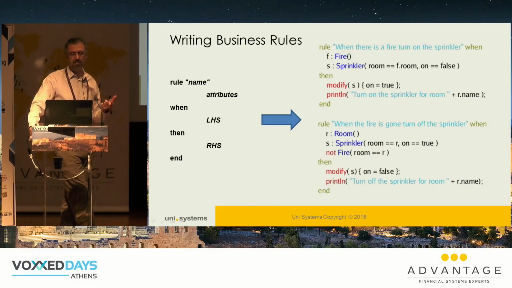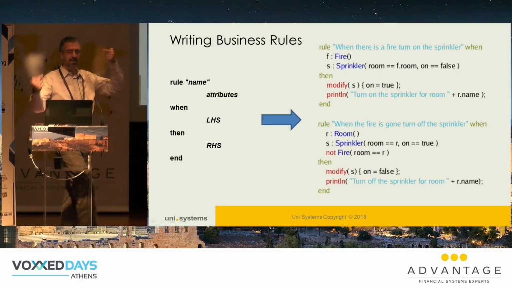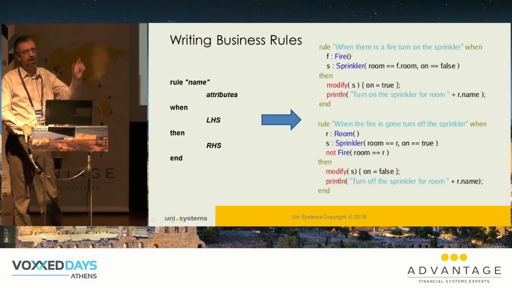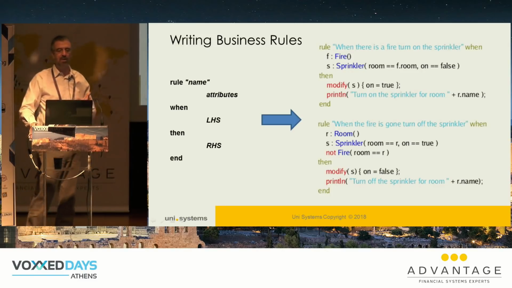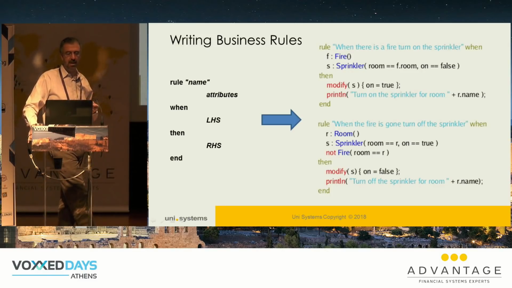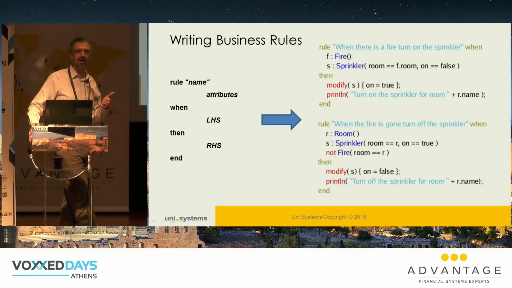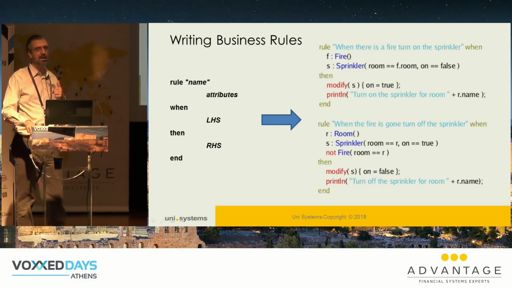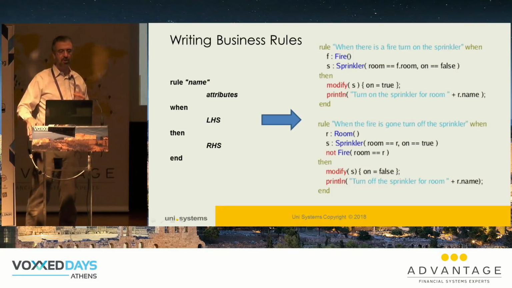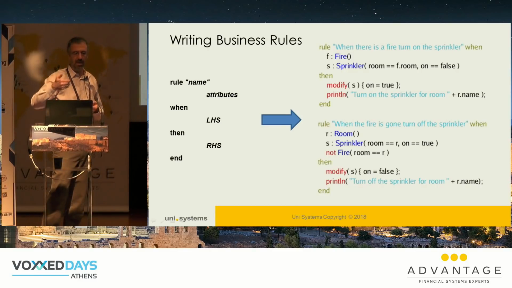If some conditions are met, if there's a fire in the room, we tie the fire with the sprinkler through the room, and if the sprinkler is not on, then turn it on. Again, if the sprinkler is on but the fire is not there anymore, then we turn off the sprinkler. So it's not something that is procedural.